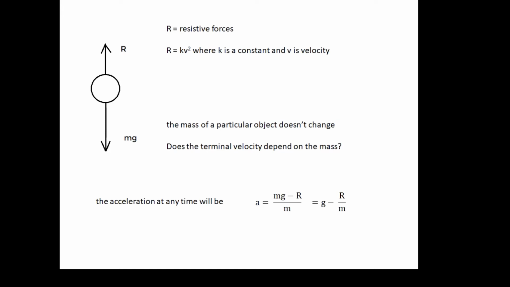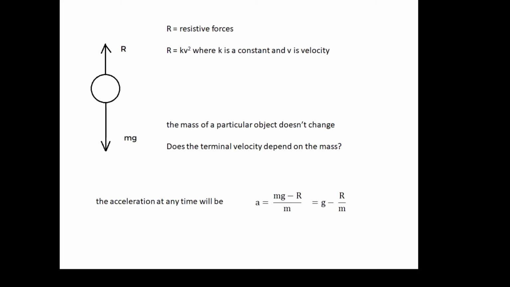The drag coefficient will depend on the surface area, it'll depend on the shape and the surface and a few other things. But let's keep it simple for the moment and just say that r equals kv squared, where v is the velocity. Now, the mass doesn't change, but does the terminal velocity depend on the mass? Well, we're going to answer that later.